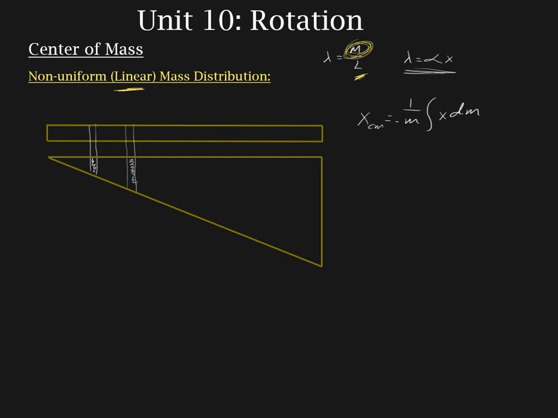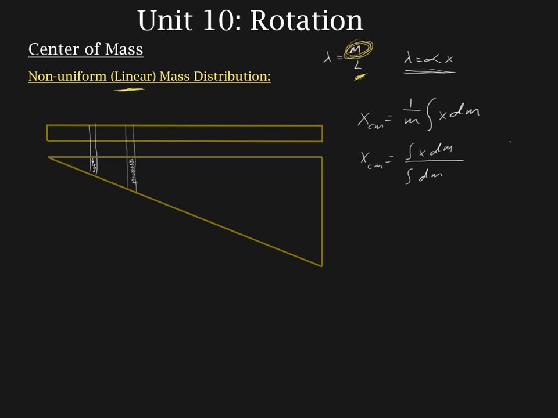So we're going to switch to the other version, which allows us to find the mass. We'll know what the mass is based on the length of the object in the x dimension. So we have xcm is equal to the integral of x dm over the integral of dm. The first thing we're going to do is figure out what dm is.